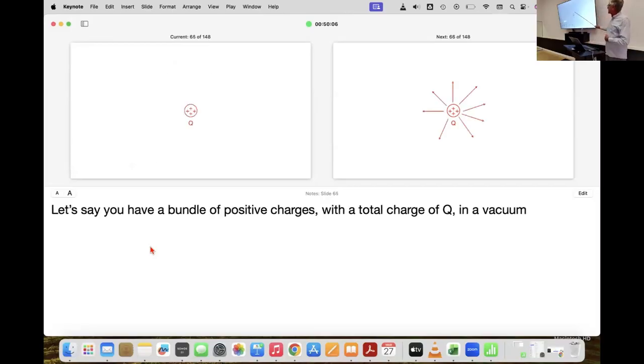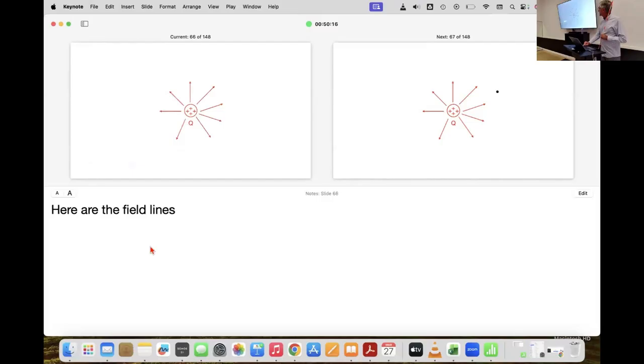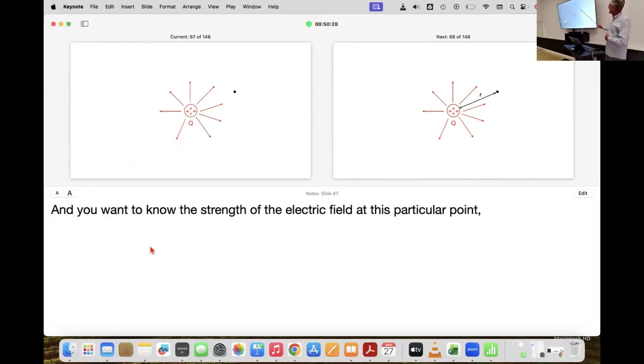Let's say you have a bundle of positive charges. We'll call that bundle Q. That's the amount of positive charge you have there. Well, we know that that's going to create an electric field. So here are the field lines. And let's say you have a particle out here. Question, what is the force? This is a charged particle. What is the force that that particle feels? Of course, if it's negative, it's going to be attractive. If it's positive, it's going to be repulsive.